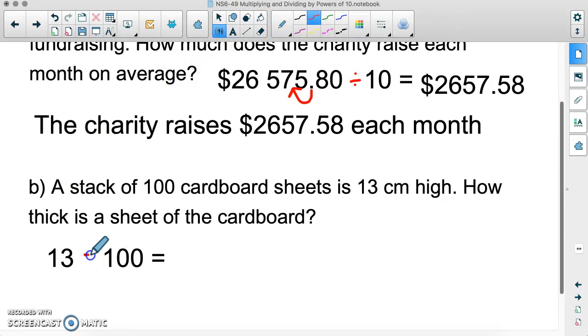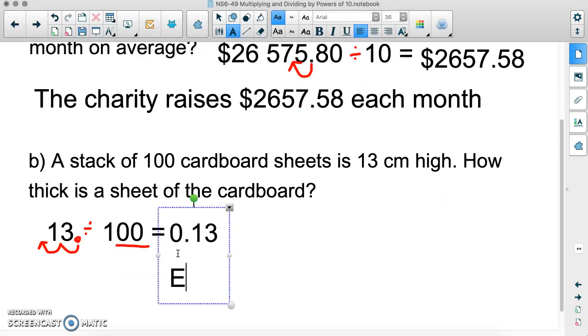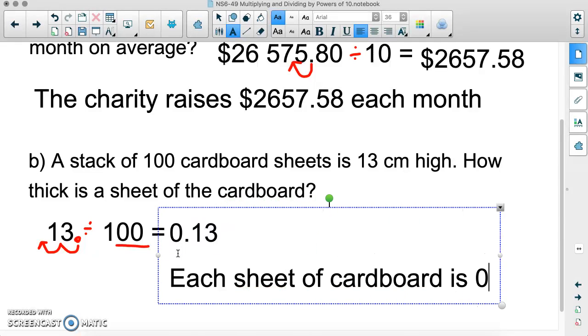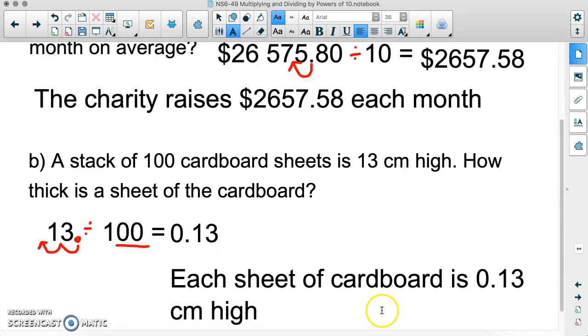So I'm going to move my decimal 2 places. Right now it's at the end. I need to move it 2 places to the left, sorry, I'm dividing. So I'm going to get 0.13. So each sheet of cardboard is 0.13 centimeters high would be your answer for that.